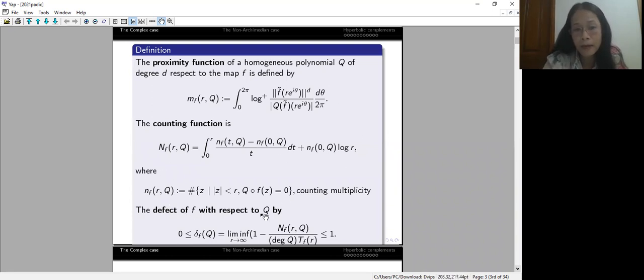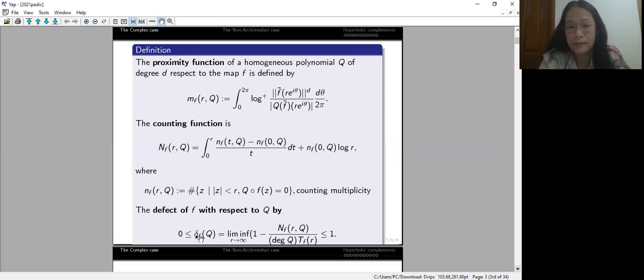And from all of them we can define the defect of f with respect to Q by taking the limit of this formula, and it is very easy to see the defect of f is always bigger than or equal to 0, and also less than or equal to 1.